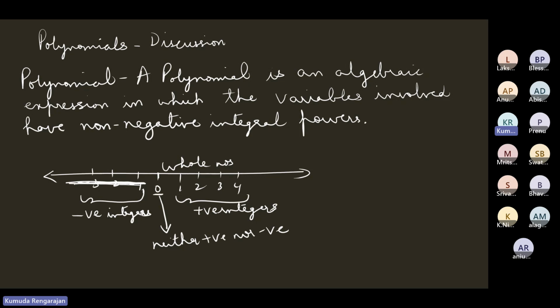So 0 and all the positive integers form the collection of non-negative integers. In simple words, they are whole numbers.